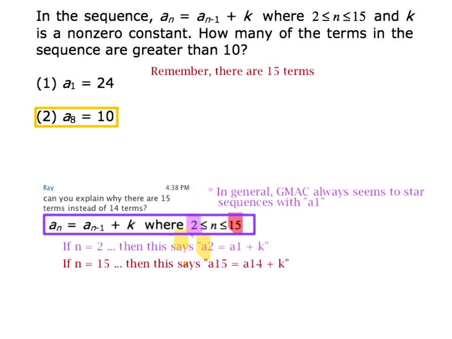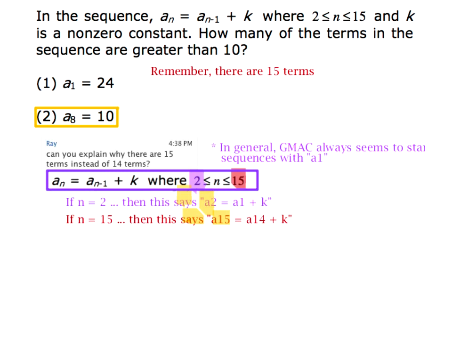So in order for this to mean anything at all, we have to have terms 1 through 15. So we have 15 terms. If that takes you a while to figure out, then take a while and figure it out, because if you don't figure this out, then the whole problem will not make sense. So you've got to have terms 1 through 15.